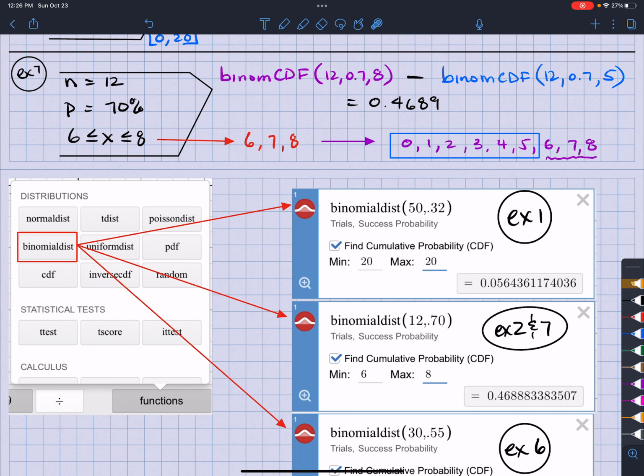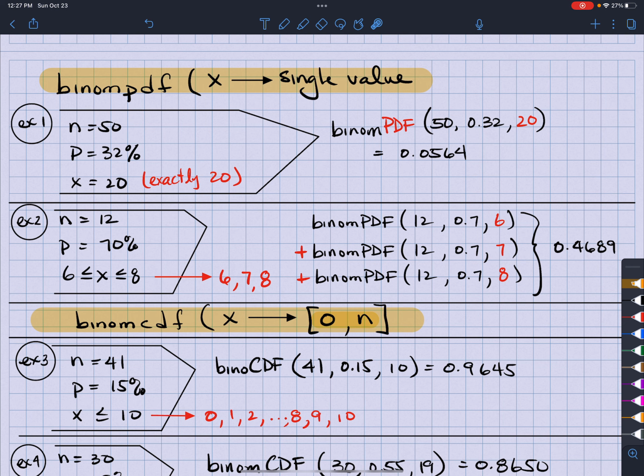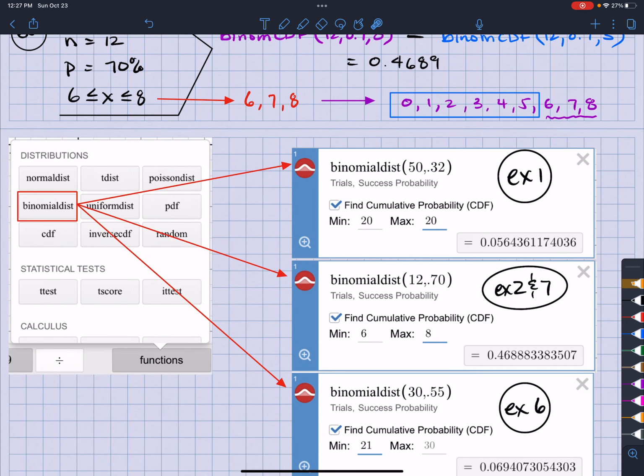Like example 1, trials were 50, probability of success is 32%, so that's what I type in. And it wants exactly 20, so my minimum and maximum is going to be 20, and I'll get that percentage.